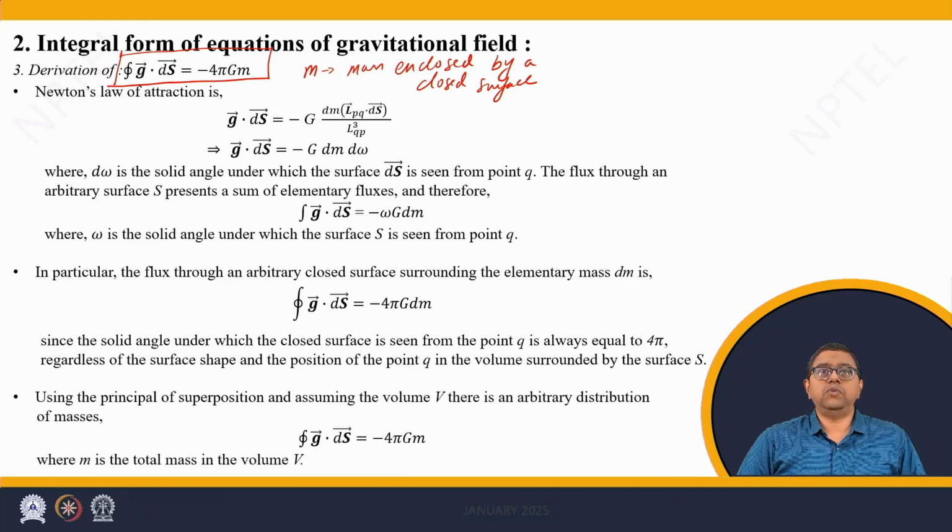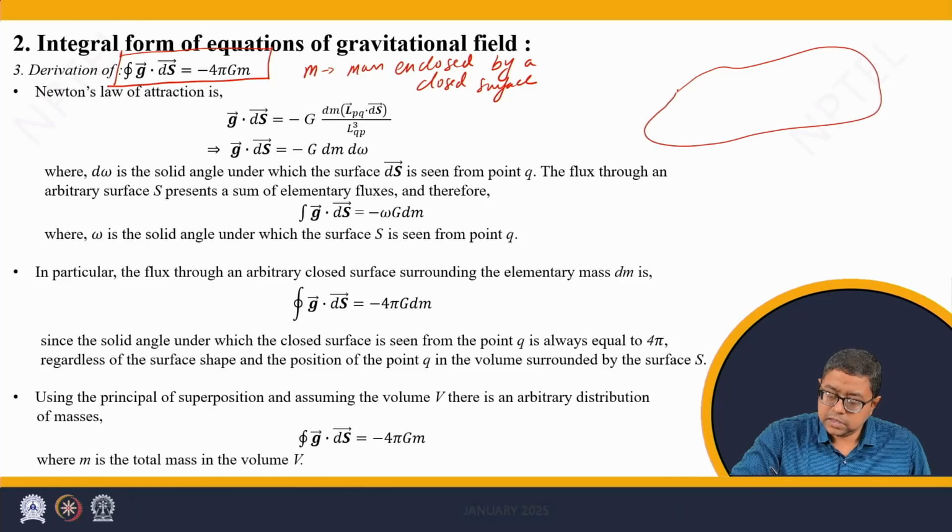Now, have a look at this diagram. Consider this as a closed surface area enclosing a volume V. An elementary surface area on this surface can be given by ds vector.